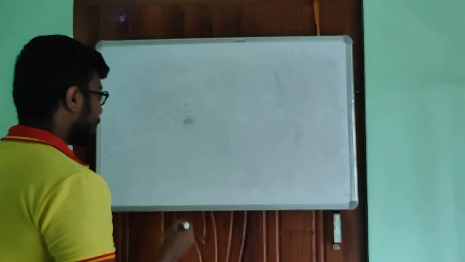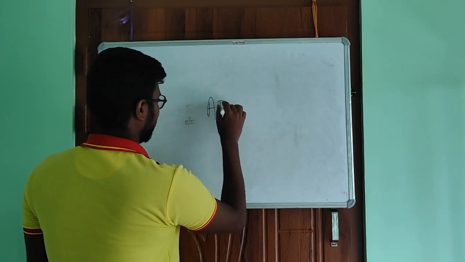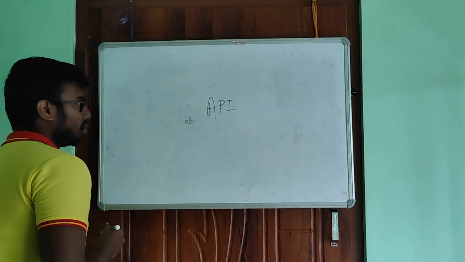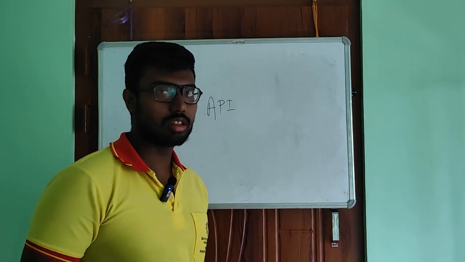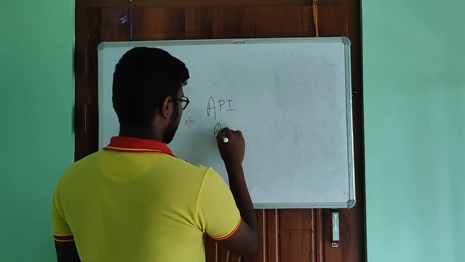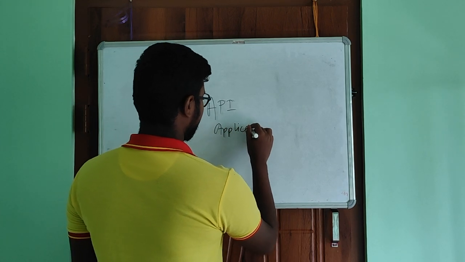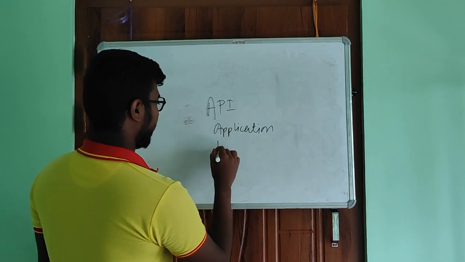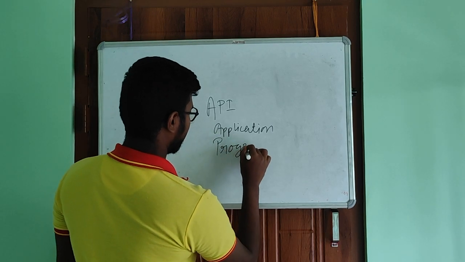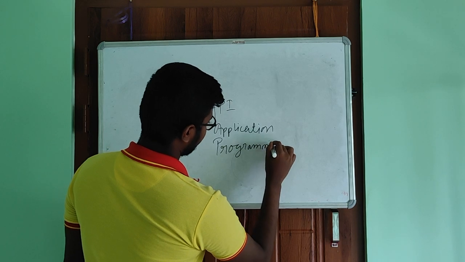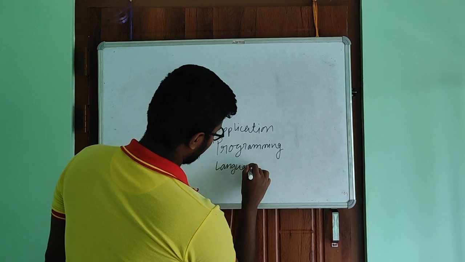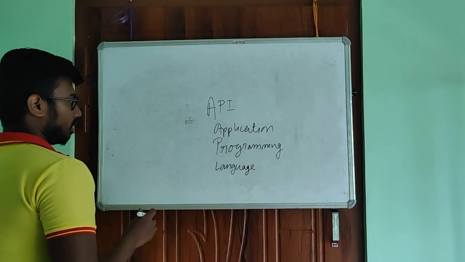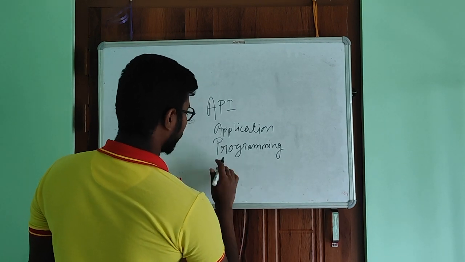So API. So this is a kind of terminology which many of you should come across, and it is very confusing topic. Okay, so the full form of API is application programming interface.